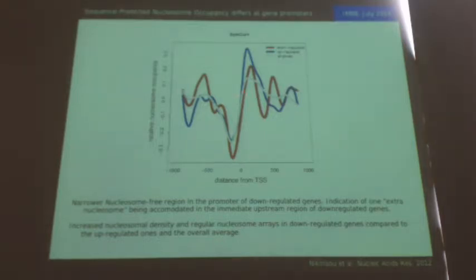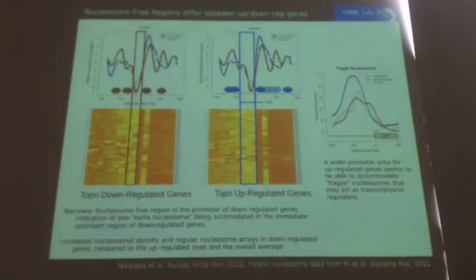And another thing is that once you go into the gene from here on, you have a more regularly spaced nucleosome array in the case of the downregulated genes, but not in the upregulated genes. And if one tries to model the preferential positions of nucleosomes for the downregulated genes, they will be like this. And you see how the nucleosome-free region is closely related to the narrower promoter and the binding sites we saw earlier.